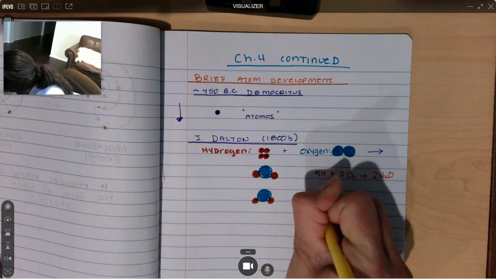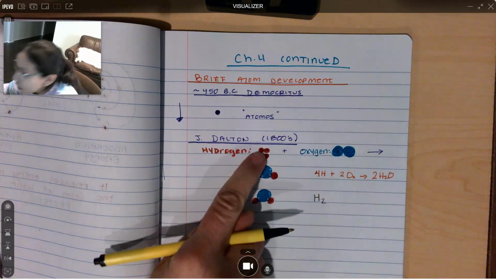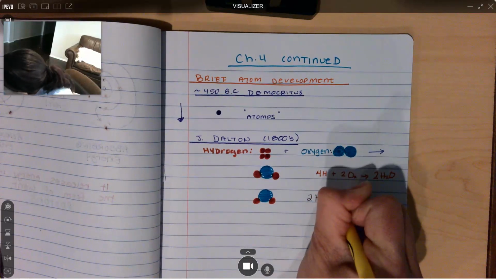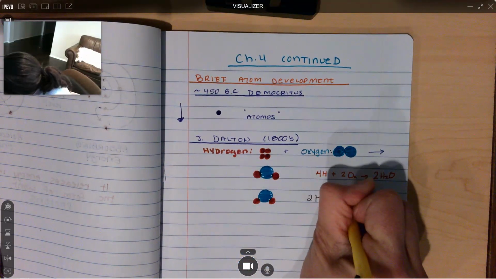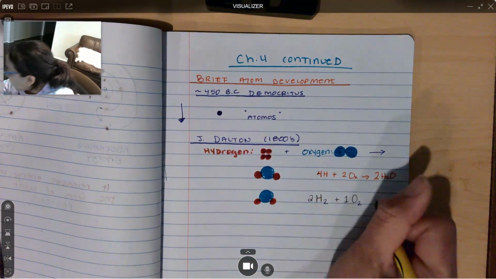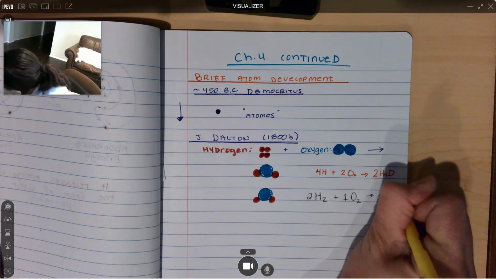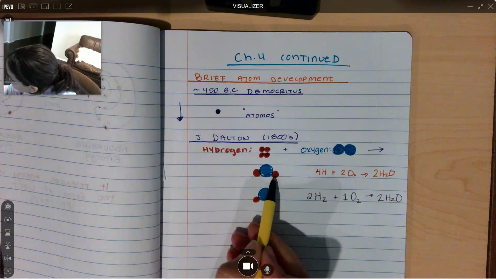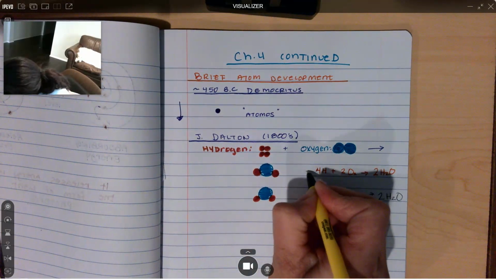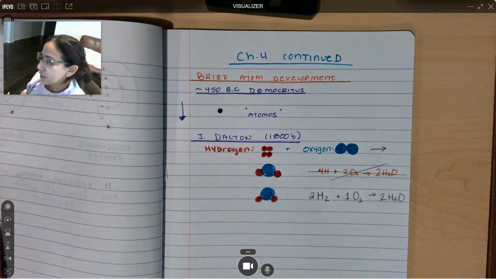So you actually have diatomic hydrogen, H2, that's what we started with, and you have 2 of those, plus 1 molecule of oxygen, and it's diatomic, and that produces 2 molecules of water. And water is made out of 2 hydrogens and 1 oxygen, just like this. So if you were to write your equation like this, that would be incorrect, right?